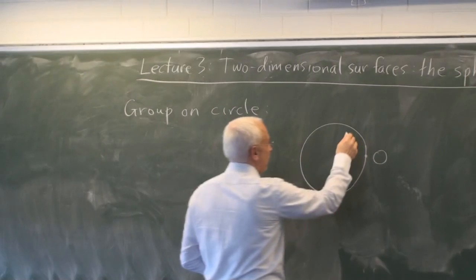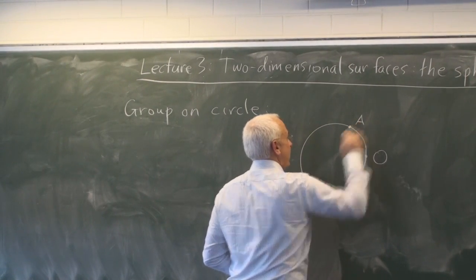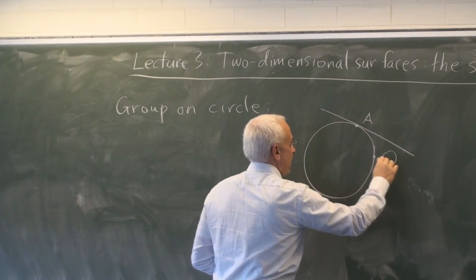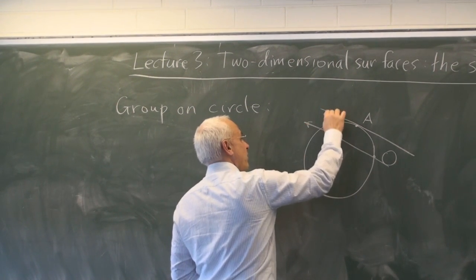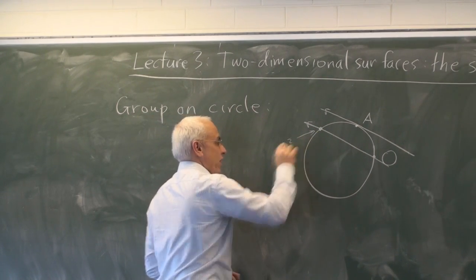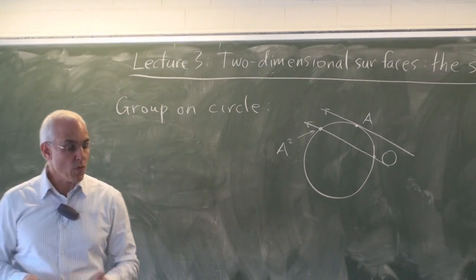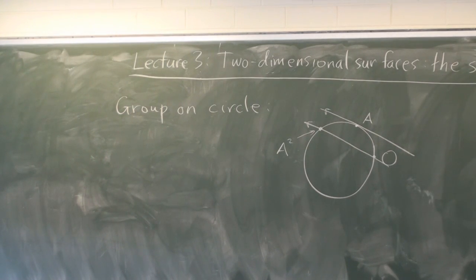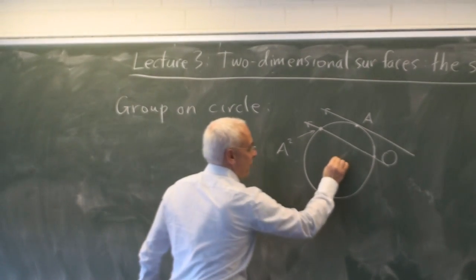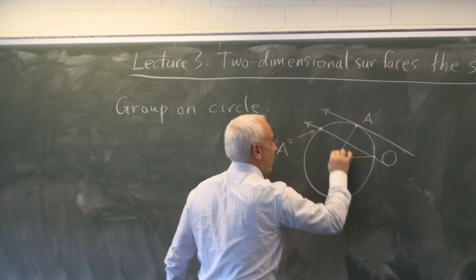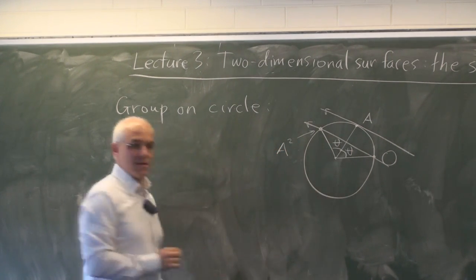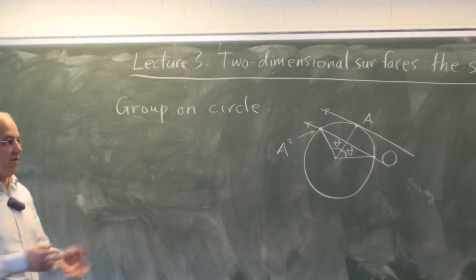I remind you that if you take an element A and you want to square it, you take the tangent and then make a parallel line through the origin, and then this point here is A squared. So this is a squaring map on the circle defined purely geometrically. And if we want to relate that to angles, it's not too hard to see that we're just doubling the angle in the obvious way.